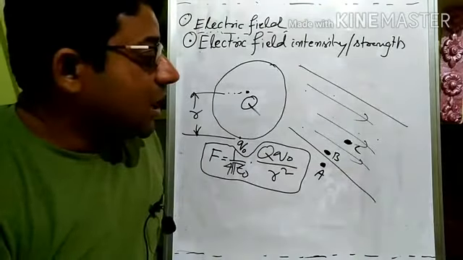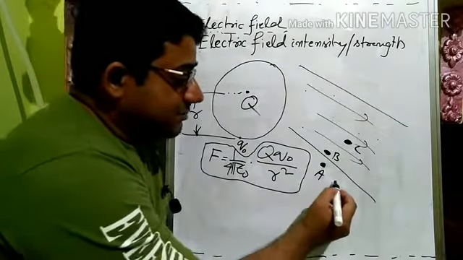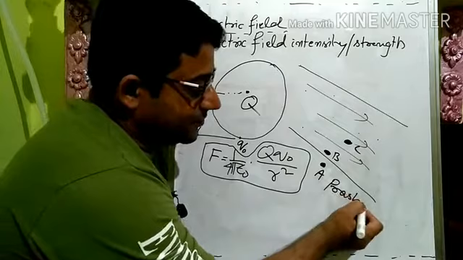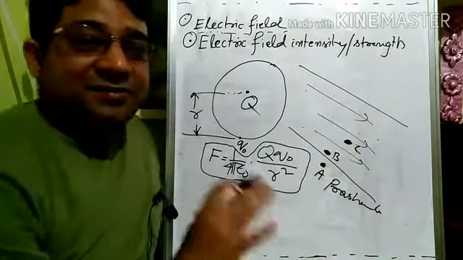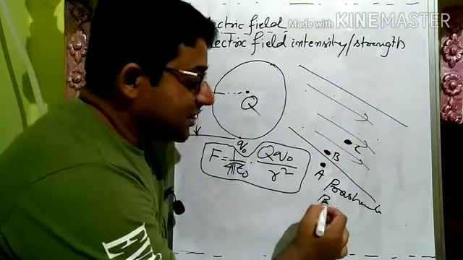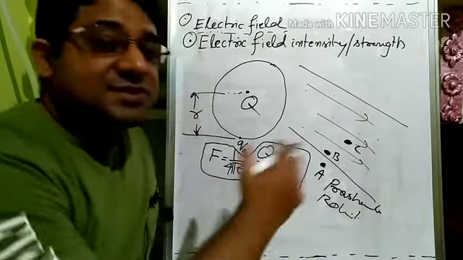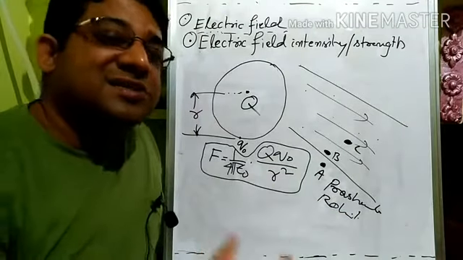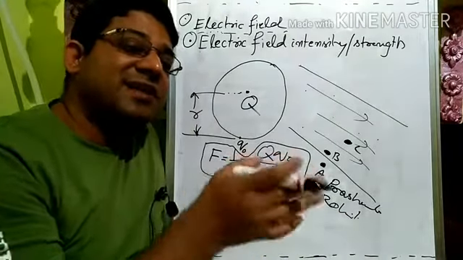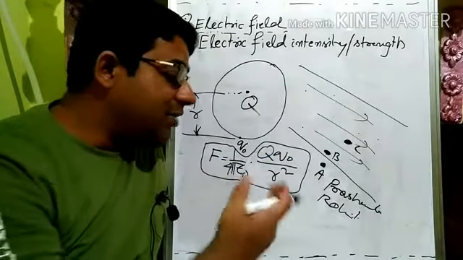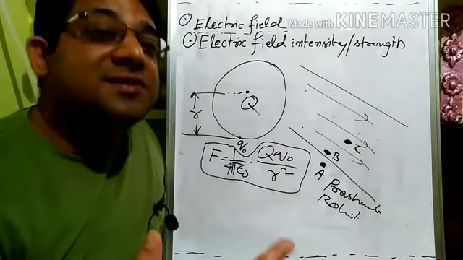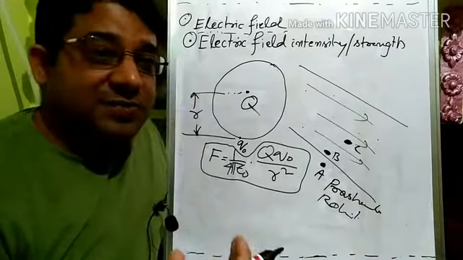Let us say Prasant is saying some electric field strength is this much. Rohit is saying electric field strength is something else. Who is saying correct? What Prasant is saying is correct as per his standards, and what Rohit is saying is correct as per his standards. So which is more correct?